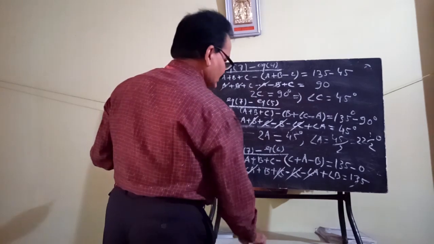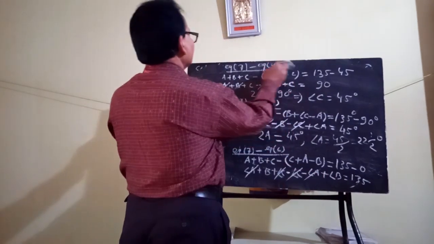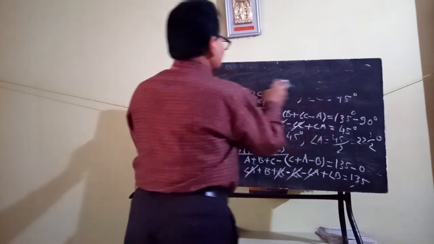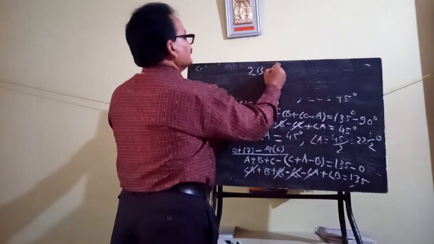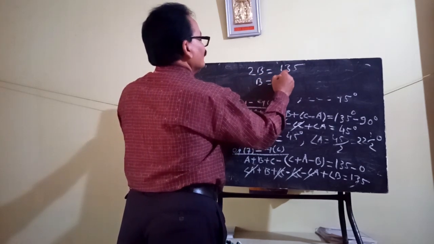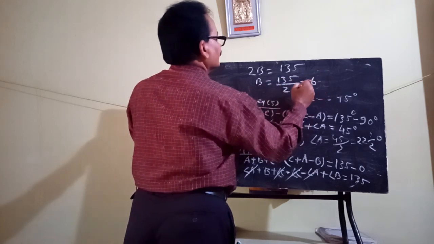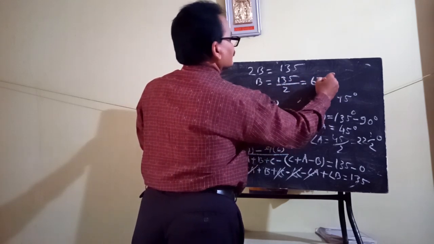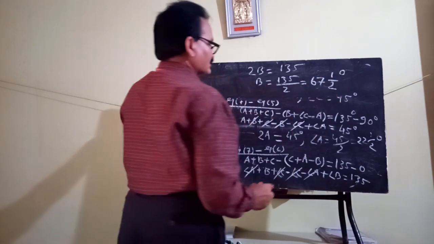So what will your result be? B plus B is 2B. So 2B is 135 and B will be equal to 135 by 2, that is 67.5 degrees.